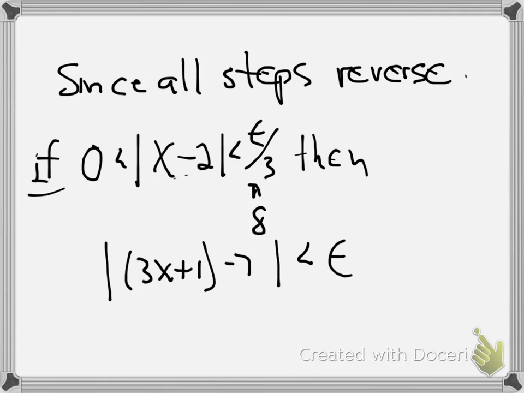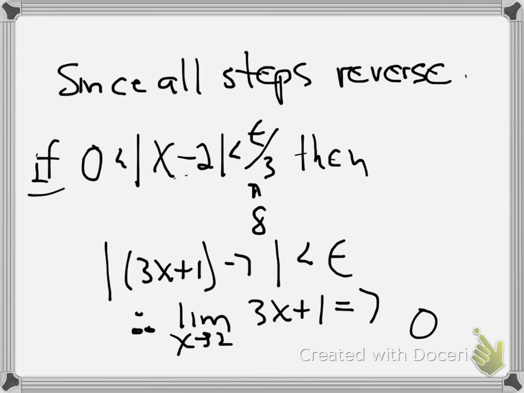And because this statement has to be true, because all steps reversed, then we've proven what we were trying to prove, therefore, the limit as x approaches 2 of 3x plus 1 equals 7. And if you want to be fancy, you can write QED, thus it is proved.